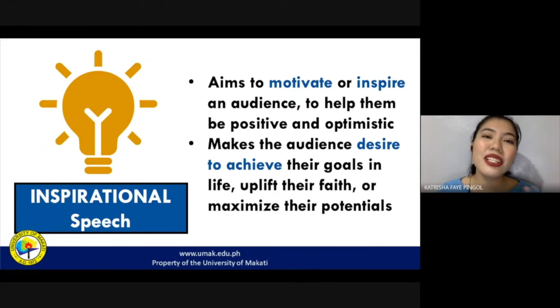Now, inspirational speeches are helpful when we want our audience to grow that desire to achieve certain things. It could be their goals in life, or if you want them to be more faithful, uplift their faith in whatever it is, or even maximizing their potential. So you are trying to push them towards something that you know will be beneficial for them in the long run or in the future.